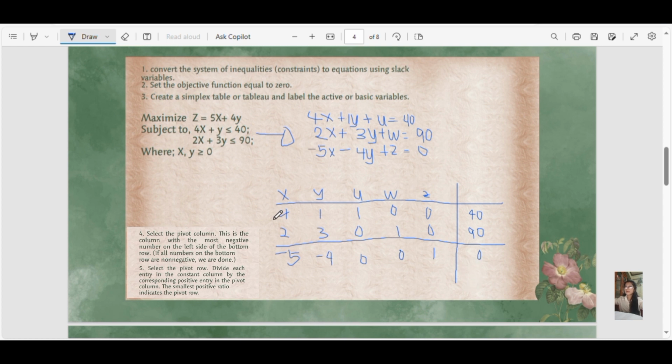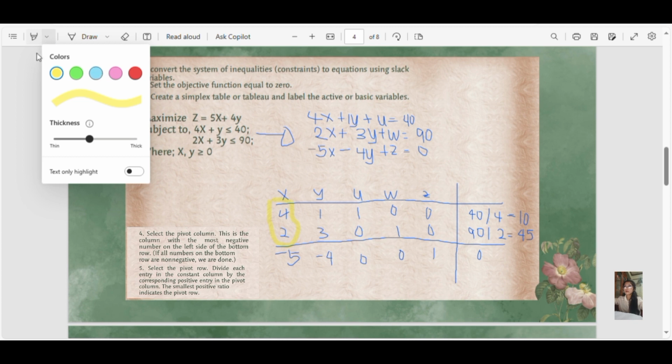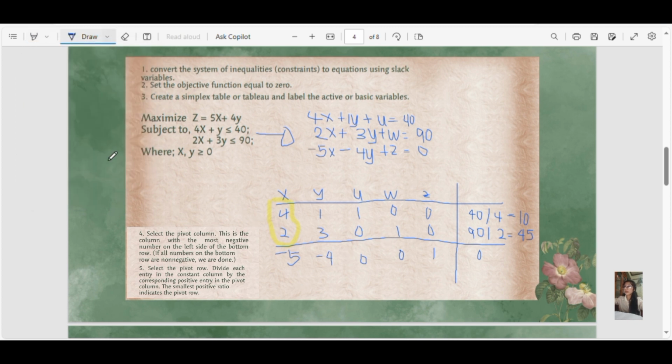Next, we have to select the pivot column, which is the most negative number. It is under column x, and we have to divide by the corresponding positive entry in the pivot column. So 40 divided by 4 equals 10, then 90 divided by 2 is 45. Next we have to find the minimum ratio.